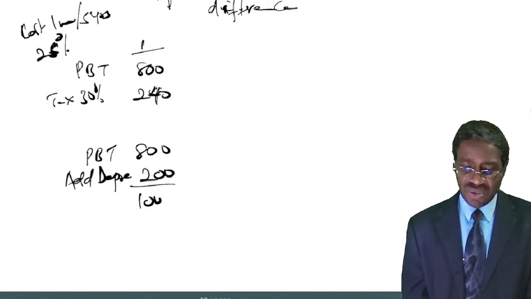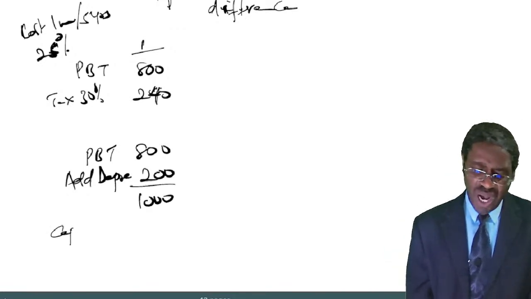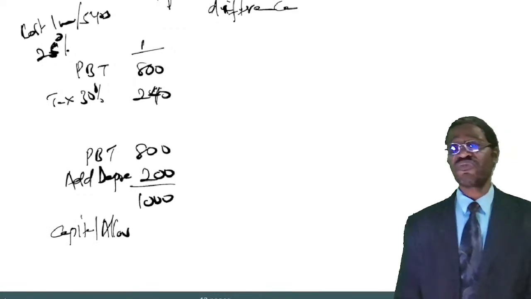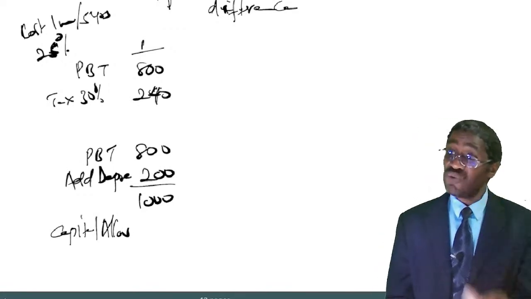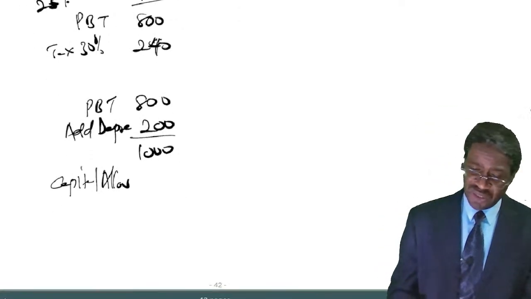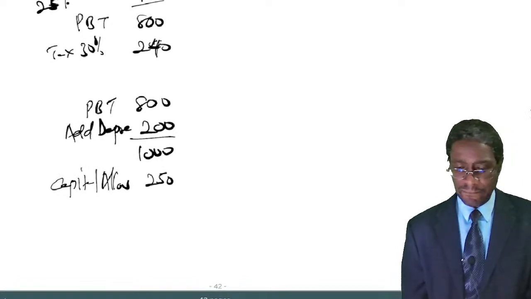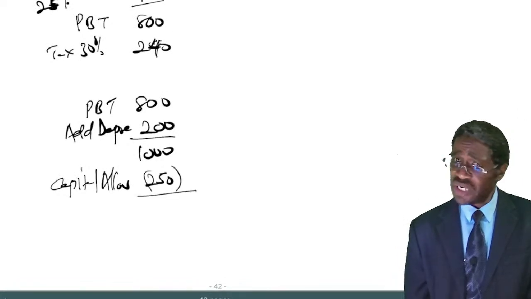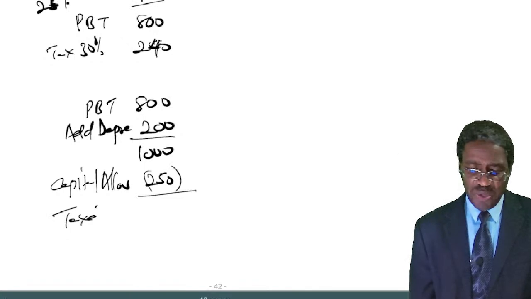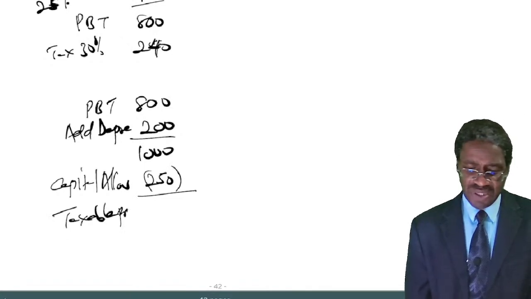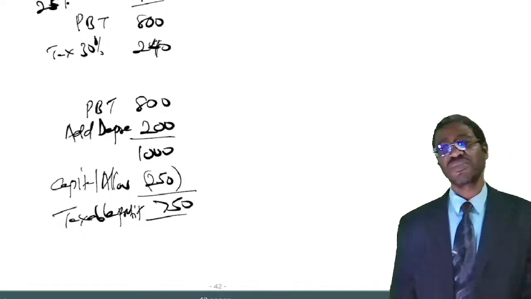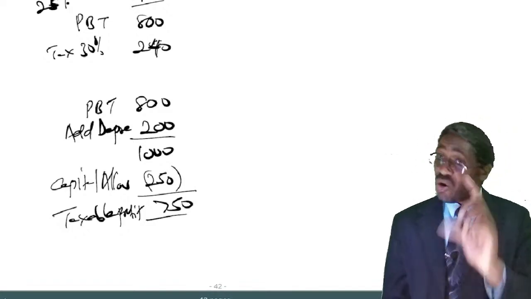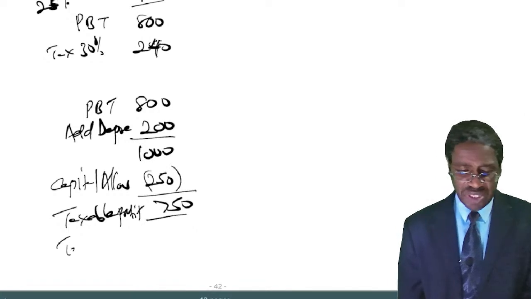He got 1,000. Then he gives you a capital allowance at the rate of 25% on 1 million, which is 250. So according to the taxman, the taxable profit is 750.